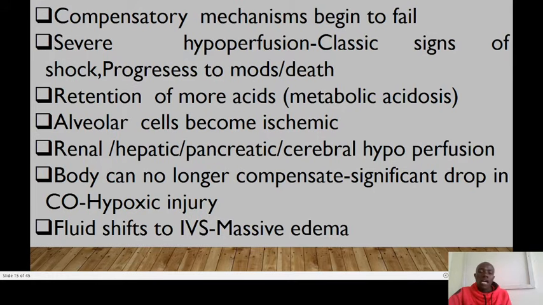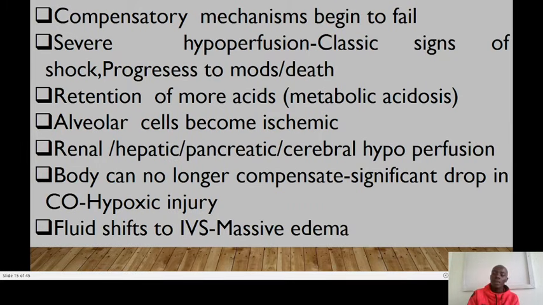The alveolar sites are going to become ischemic, and we'll be having hypoperfusion to the kidney, to the liver, to the pancreas, and to the brain. So they're also going to present with some signs and symptoms associated with it. So at this stage, we have already said the body can no longer compensate.